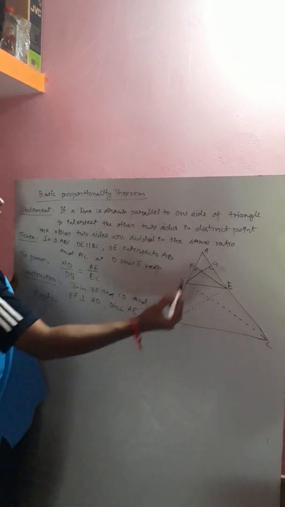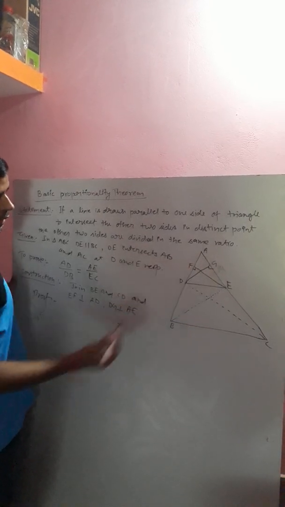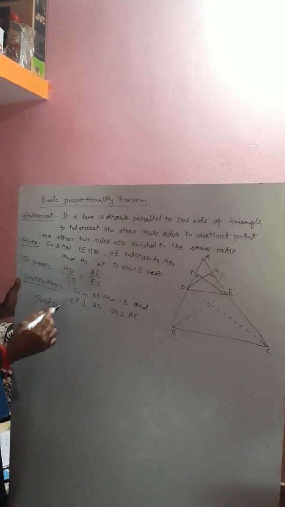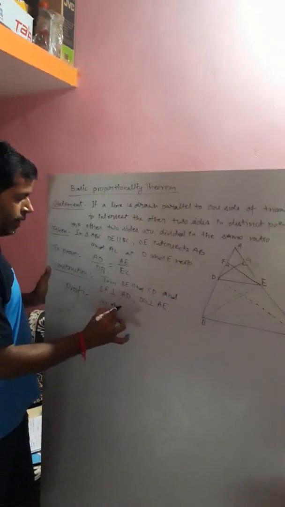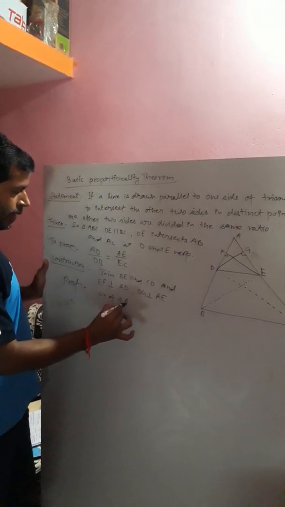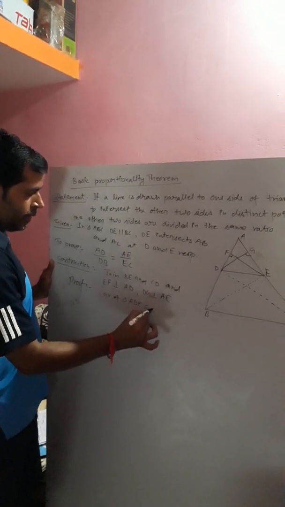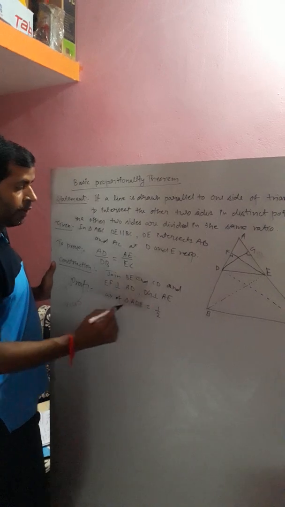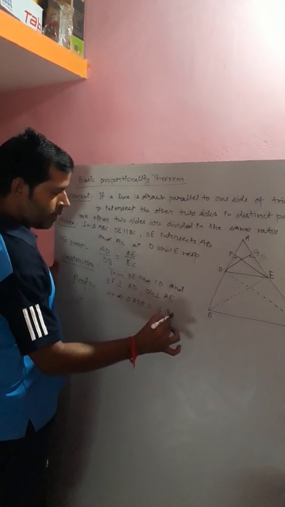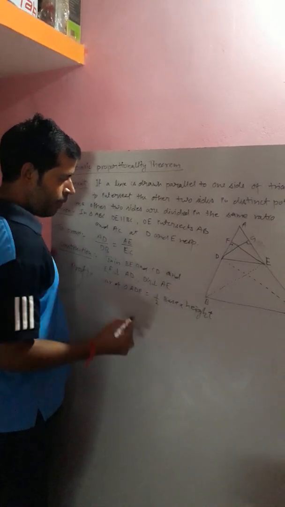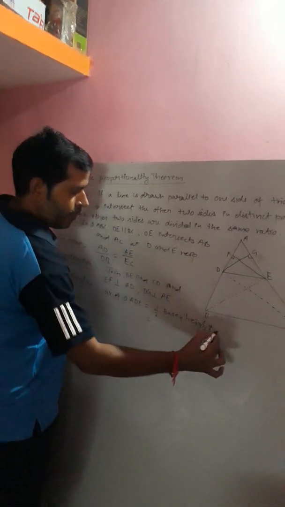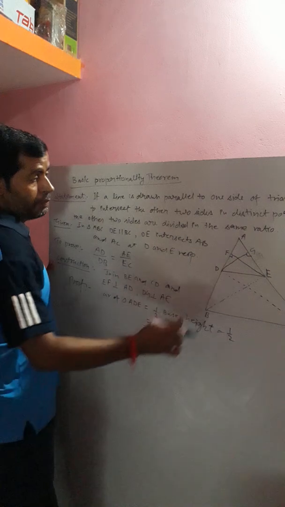First we will find the area of triangle ADE. Area of a triangle is 1 upon 2 base into height. So area of triangle ADE is 1 upon 2, base into height. What is the base here?